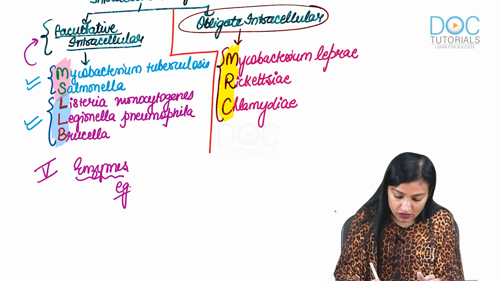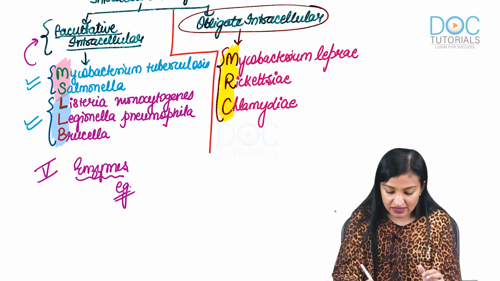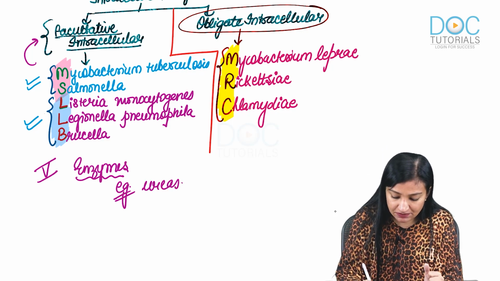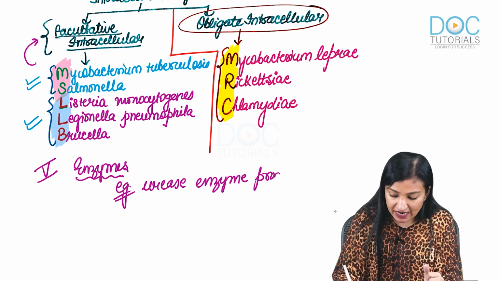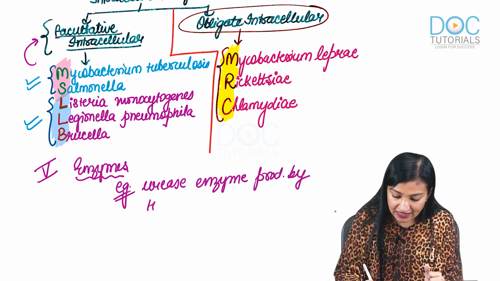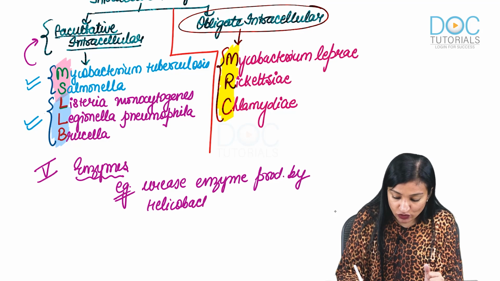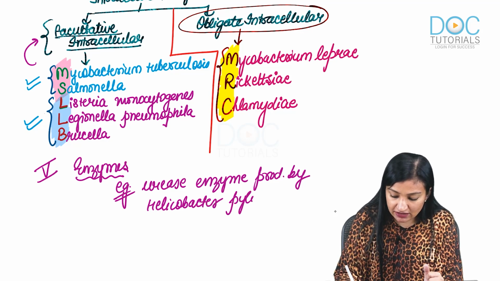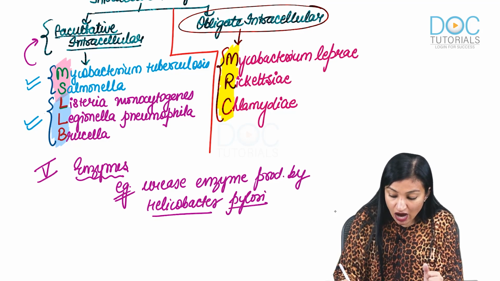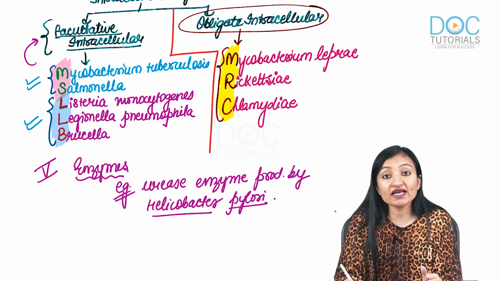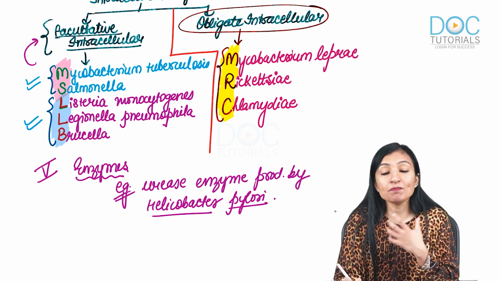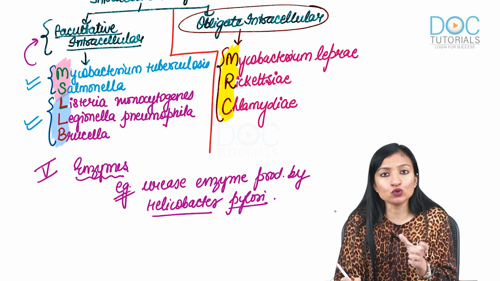Okay, so the best example over here is that of the urease enzyme, a very special enzyme produced by Helicobacter pylori, and we are going to see in clinical bacteriology modules how exactly H. pylori is able to survive in the gastric antrum, where pH is in the range of 2 to 3.